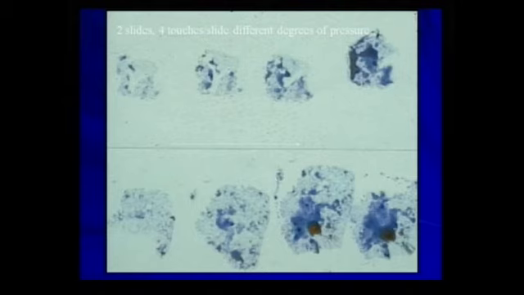We're going to use 2 slides for most, and you never know what is the most appropriate level of pressure to get the most optimal yield of cells. With some tissues you have to press very hard, some very gentle pressure will give you appropriate cells.